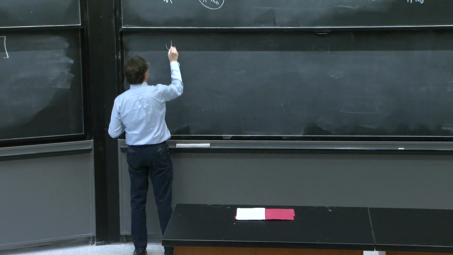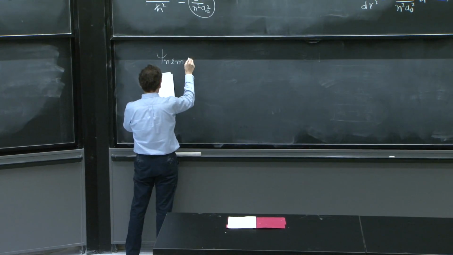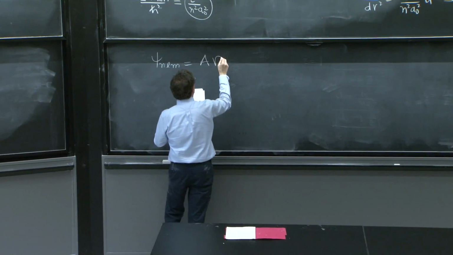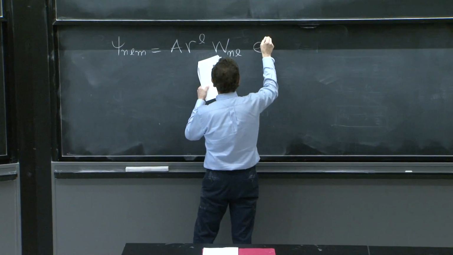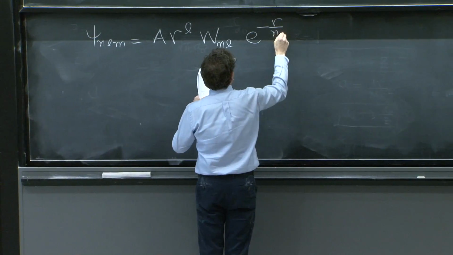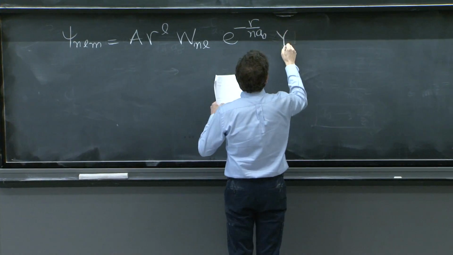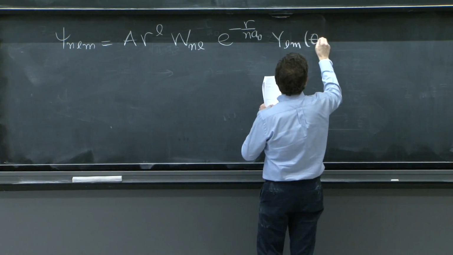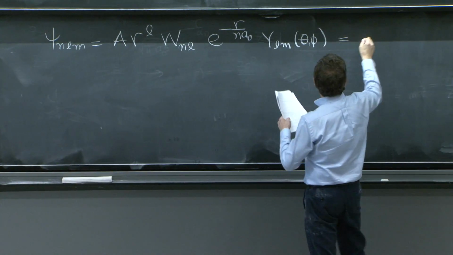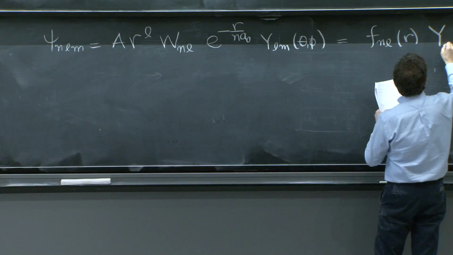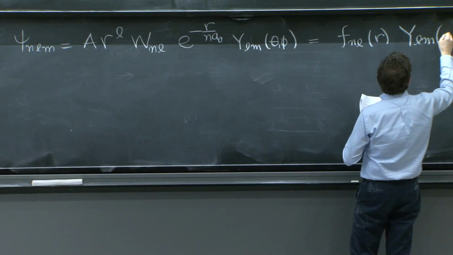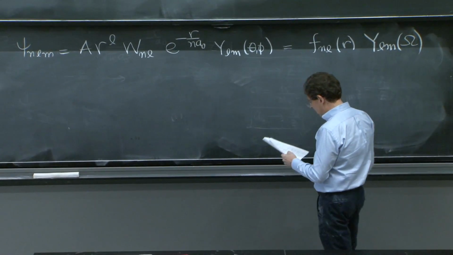So psi n l m equals A r to the L, W n l, a polynomial, e to the minus r over n a naught, Y l m of theta and phi, or f n l of r times Y l m of the solid angle.